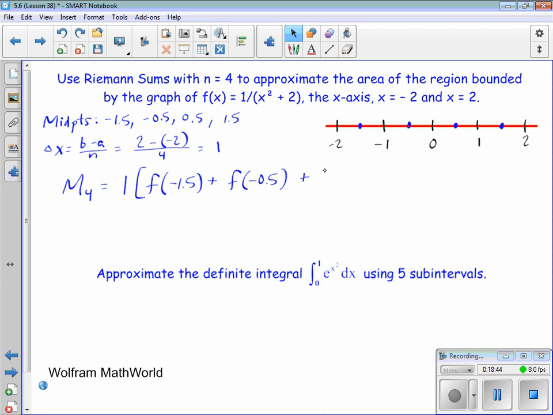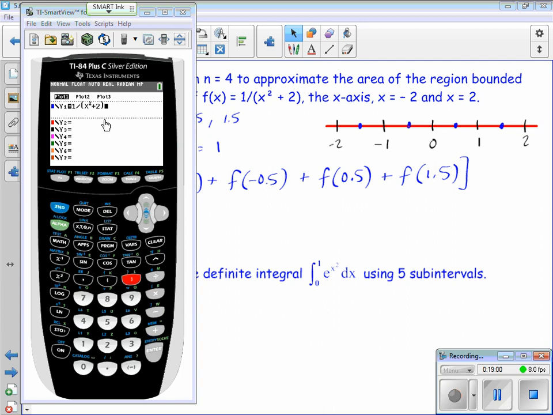And then it's at 0.5. And then at 1.5. Okay, then you can use your calculator to come up with those. So go ahead and put that in your y equals. So just put that into your f of x, 1 over x squared plus 2.